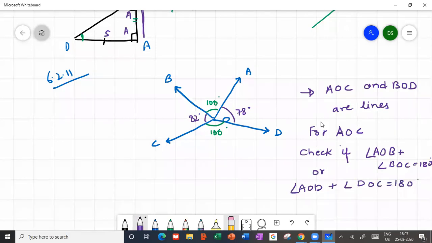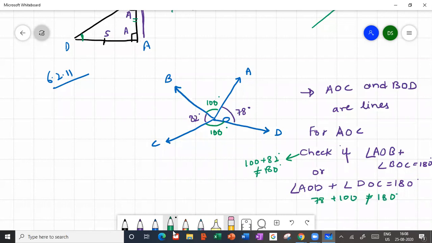Let me write it here. AOB is 100 plus 82, which is not equal to 180. And this is 78 plus 100, again not equal to 180. So AOC is not a line.